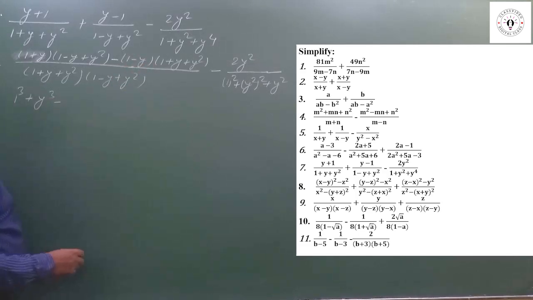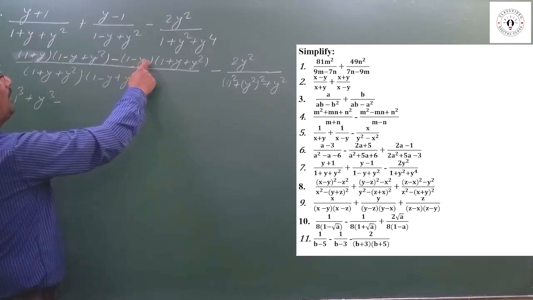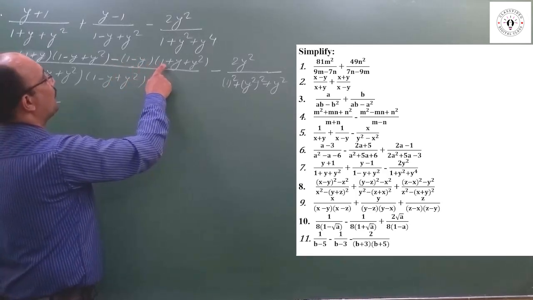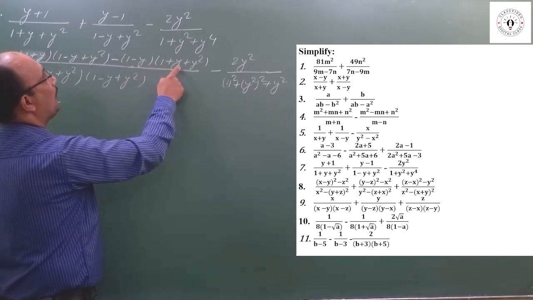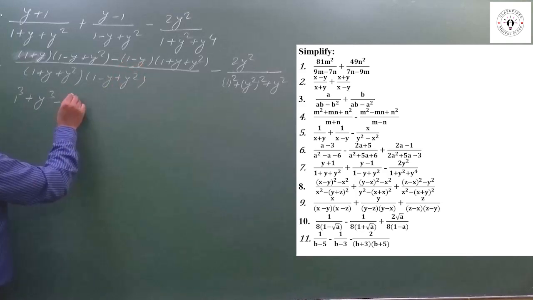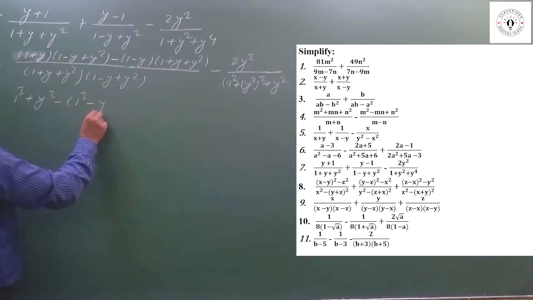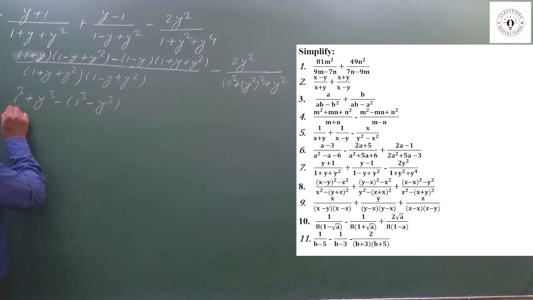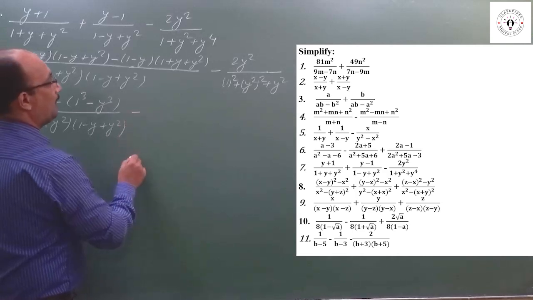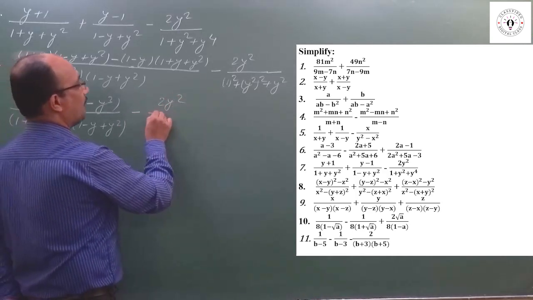Similarly, if I suppose 1 as a and y as b, then this is in the form of a − b. a² means 1², plus ab means 1 into y, plus b² means y². So this is the formula of a³ − b³, that is 1³ − y³. Denominator same, 1 + y², and this is (1 − y + y²), minus 2y² as above.